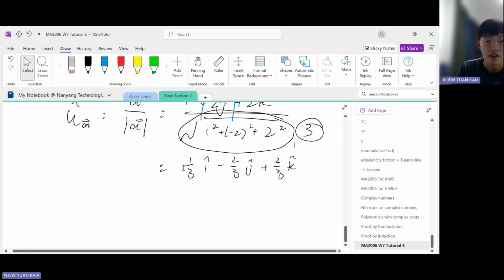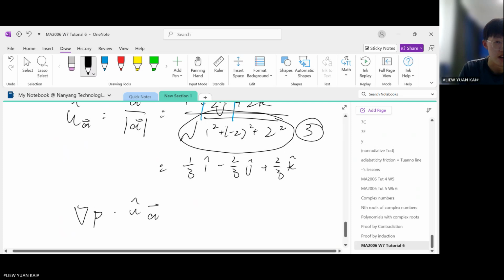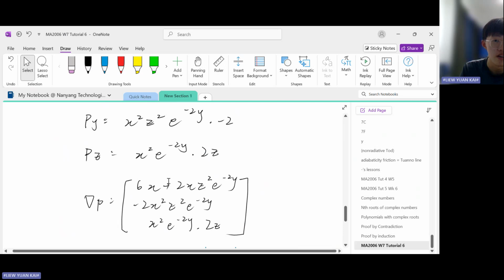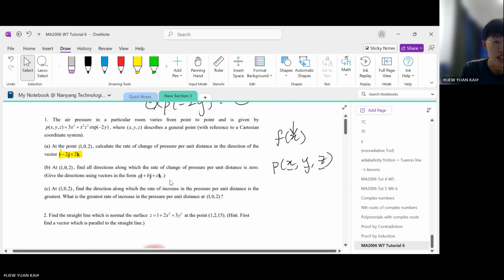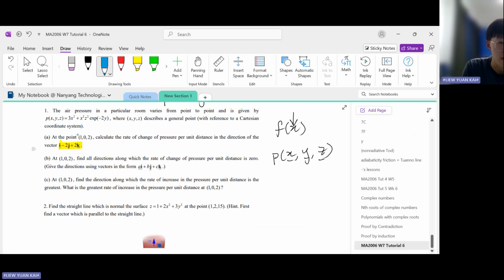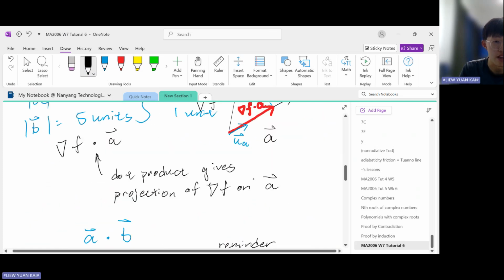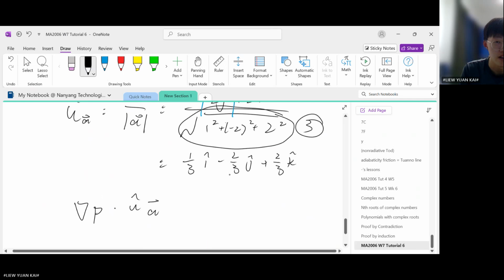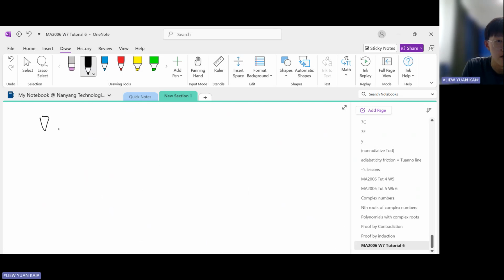We already have nabla P from earlier. We have the unit vector. Now we can plug this in. What did it say? It says at this point, right? So that means our nabla P, we need to evaluate at 1, 0, 2.